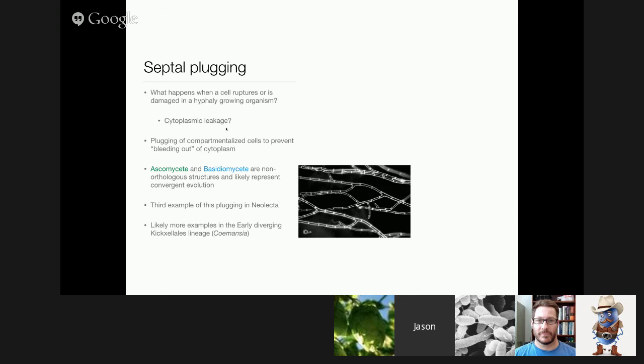So, to go back to what I was saying about the pressure. In order to deal with that pressure in the cell, the important thing is what happens if the cell gets broken. If you get cut by a razor blade on a petri dish, or a big water droplet hits you, or something chomps on you, your hyphae can break, and without any way to stop the bleeding, you will essentially lose all of your cytoplasm, and the organism will die.